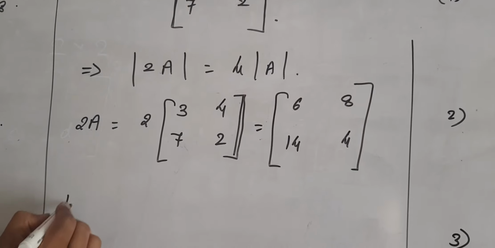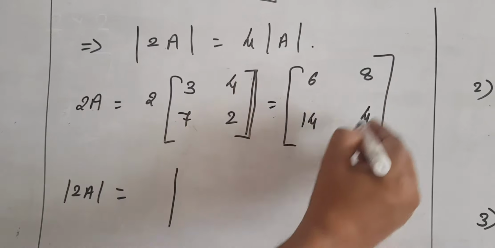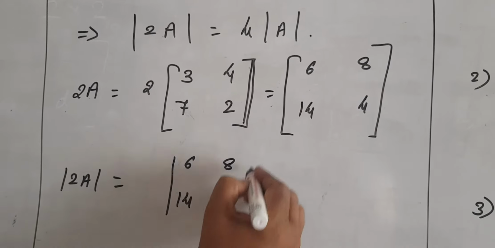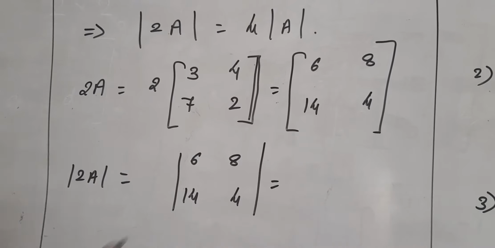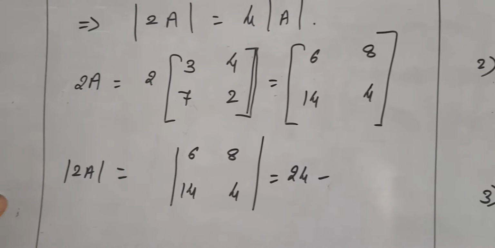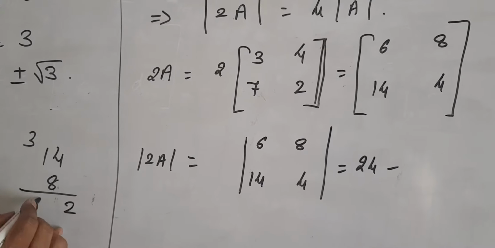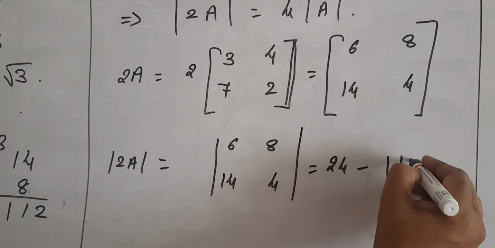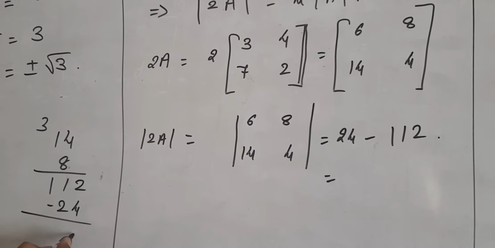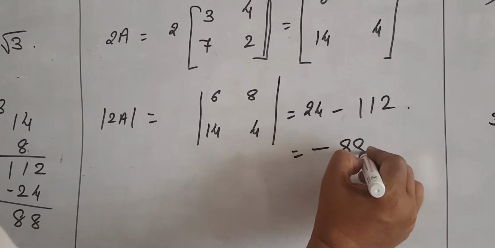Now the determinant of the matrix 2A is 6, 8, 14, 4. 6 4s are 24 minus 14 8s, which is 8 4s are 32, 8 1s are 8 and 3, 112. So 24 minus 112 is minus 88.